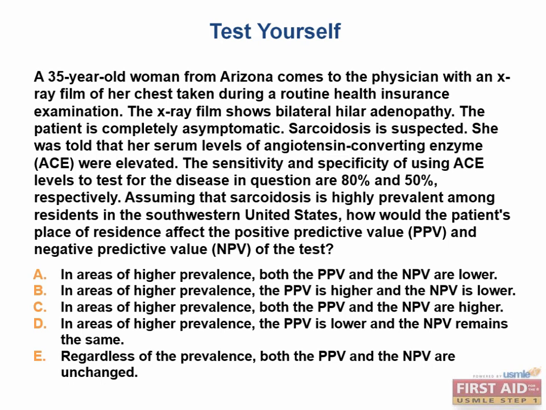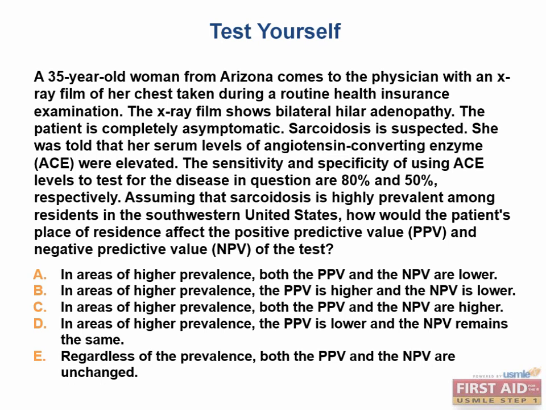The sensitivity and specificity of using ACE levels to test for the disease in question are 80% and 50%, respectively. Assuming that sarcoidosis is highly prevalent among residents in the southwestern United States, how would the patient's place of residence affect the positive predictive value and the negative predictive value of the test?